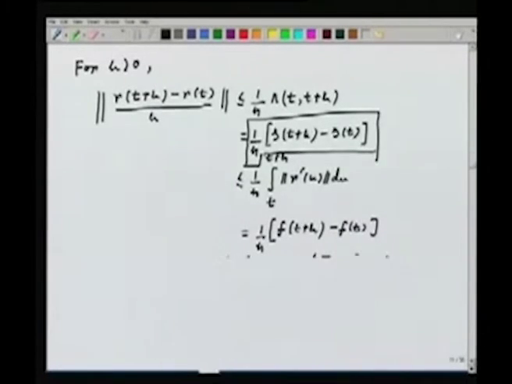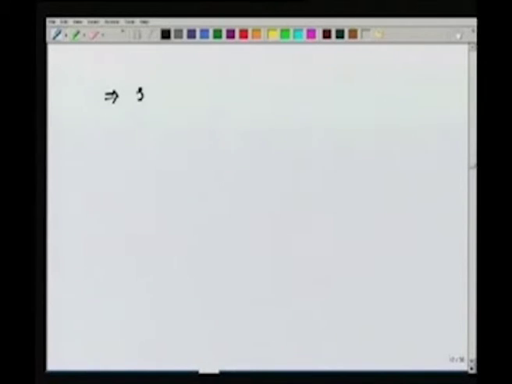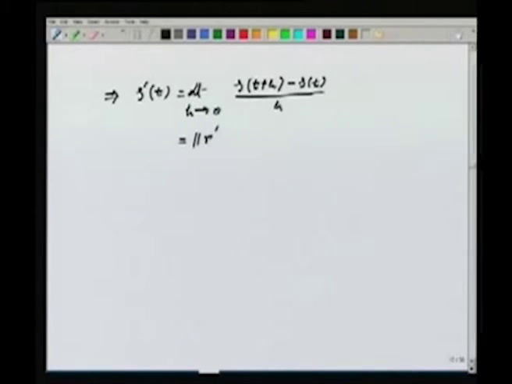So this implies s prime t equals limit h going to 0 of s(t+h) minus s(t) divided by h, which is norm r prime t, because that is the middle quantity. And this is precisely what I wanted to prove.